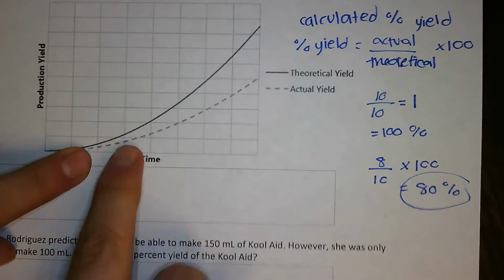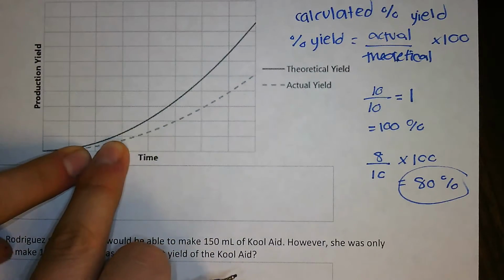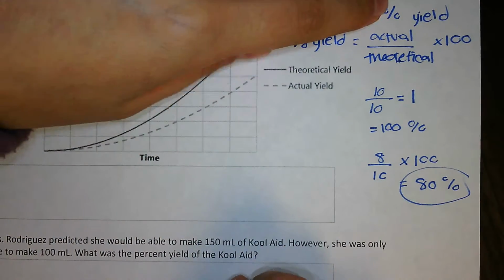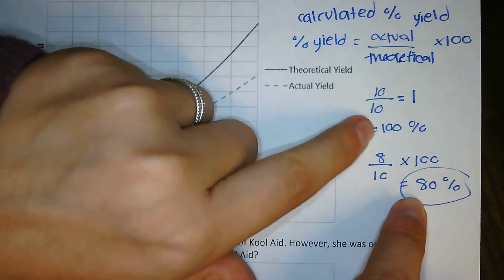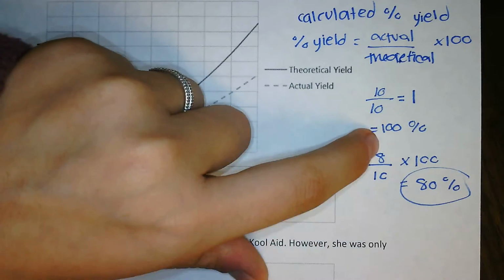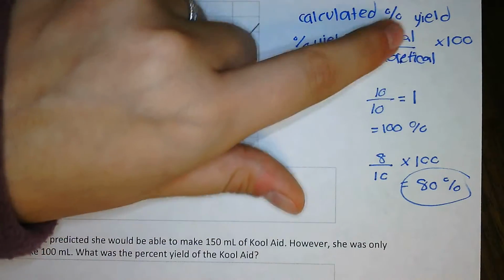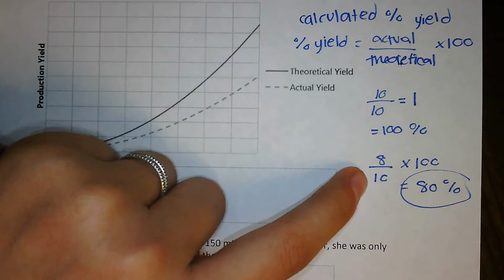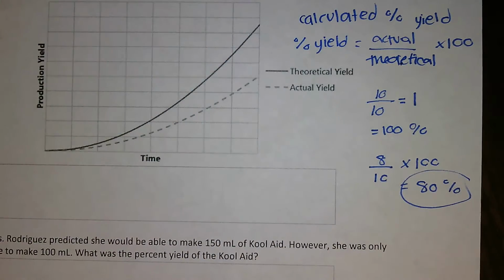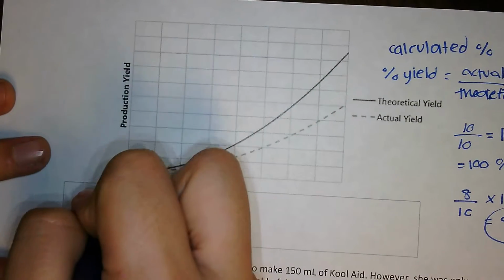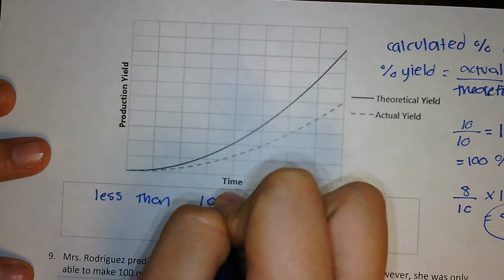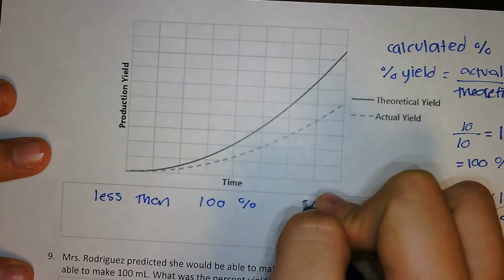So if my actual yield is lower than my theoretical yield, my calculated percent yield will always be lower than 100%, because the only way that I can get 100 is if actual equals theoretical. But because actual is lower, I would get something less than 100%. So less than 100% yield.